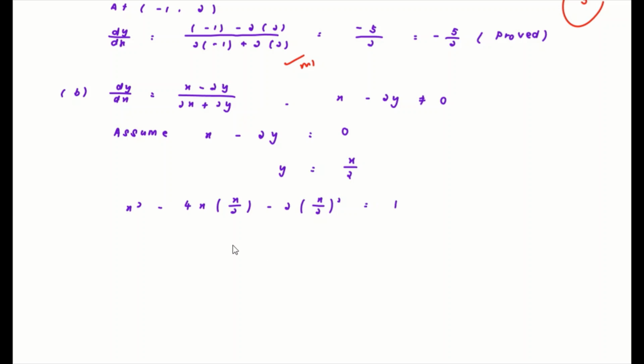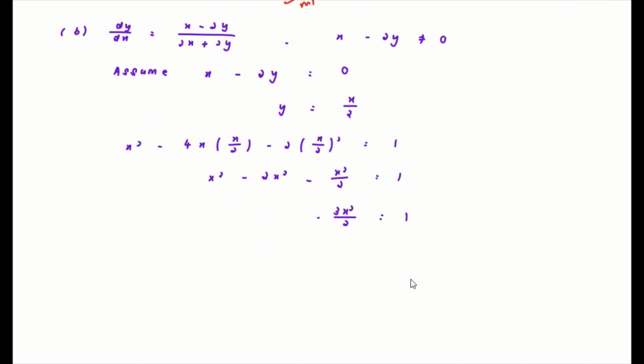Okay, so let's try to solve and see what happened. x squared, so 2 minus 2x squared, so you got 4 here, so that gives us 1 over 4. Sorry, 1 over 4, that's 2. Okay, then equals to 1. So in this case, you have negative 3x squared over 2 equals to 1.